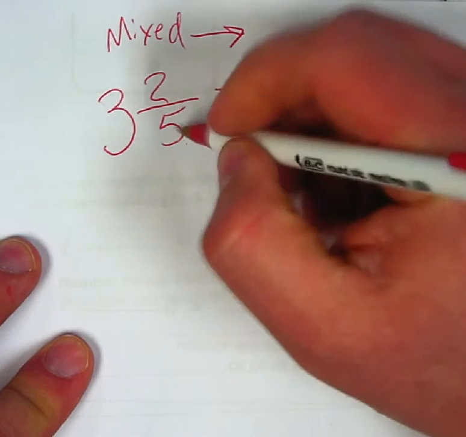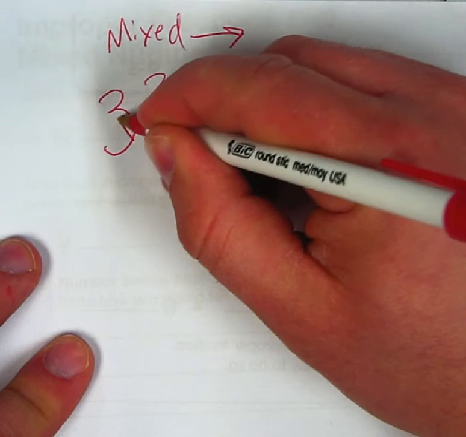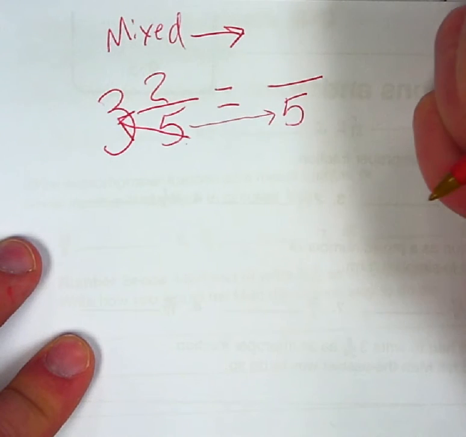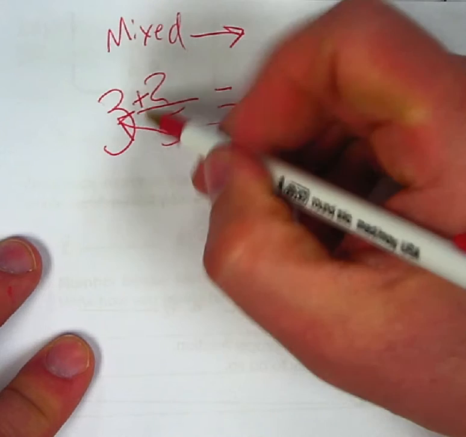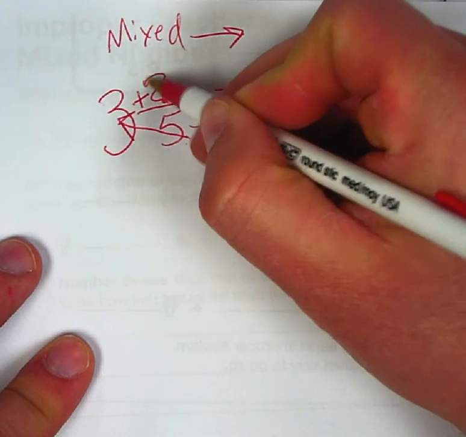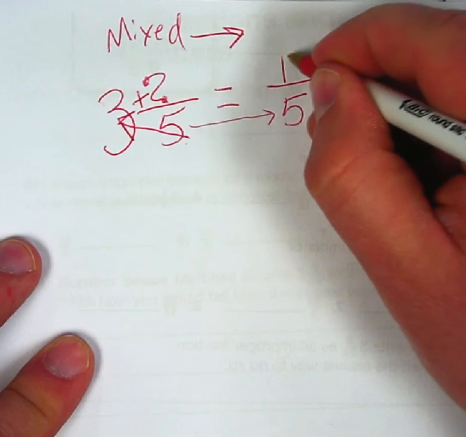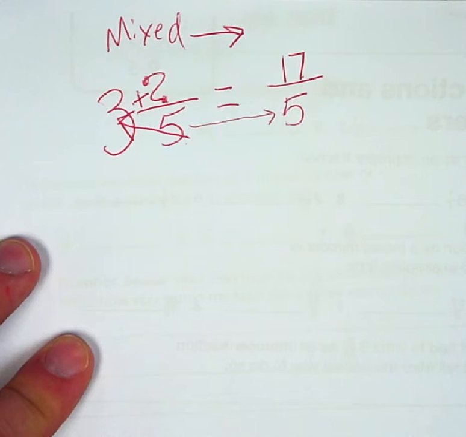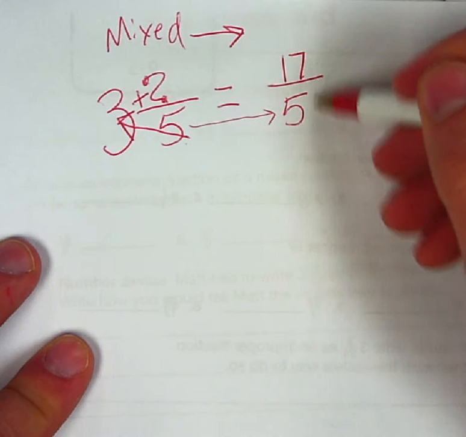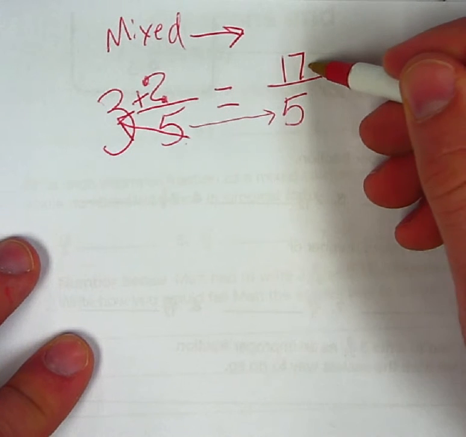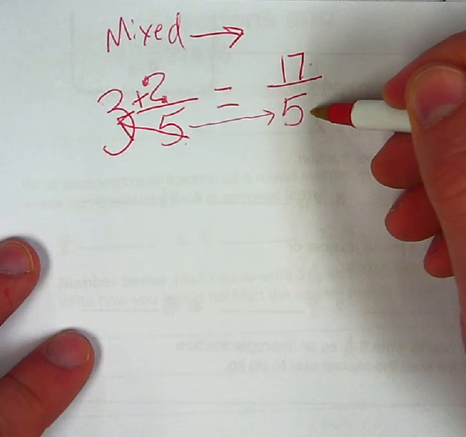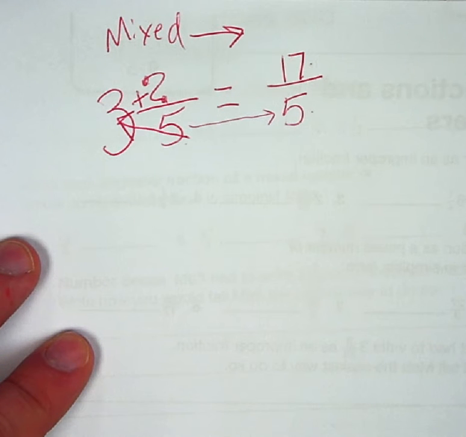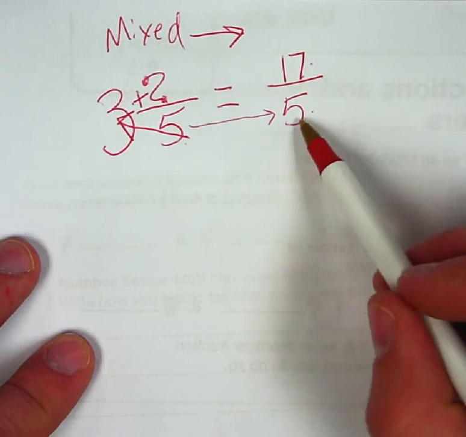First we times. 5 times 3 is 15, and then we add the top. So 15, 16, 17, and that's our numerator. So 17/5. This is now an improper fraction because the numerator is greater than the denominator. That is improper. Okay, so first we times, then we add, and the denominator stays the same.